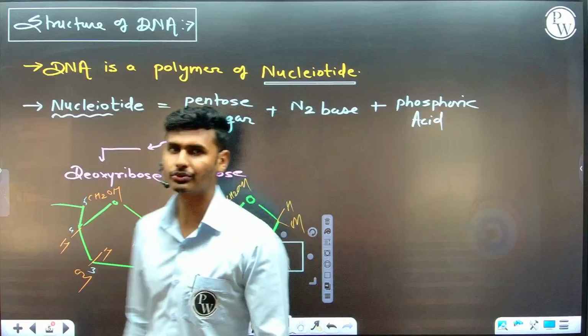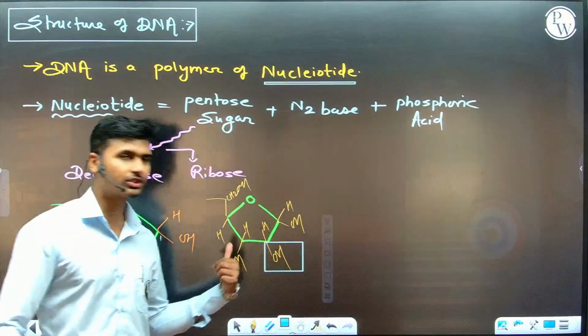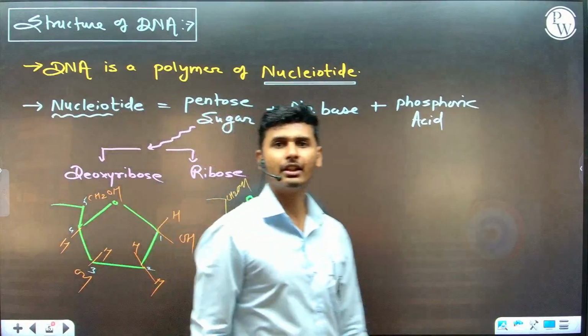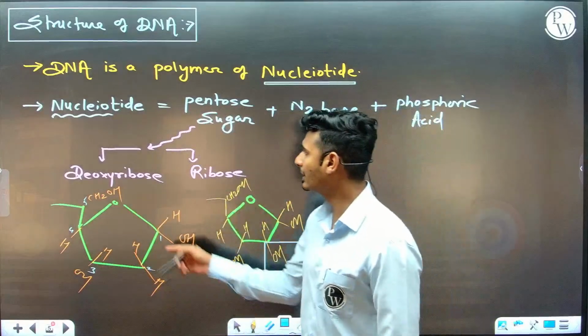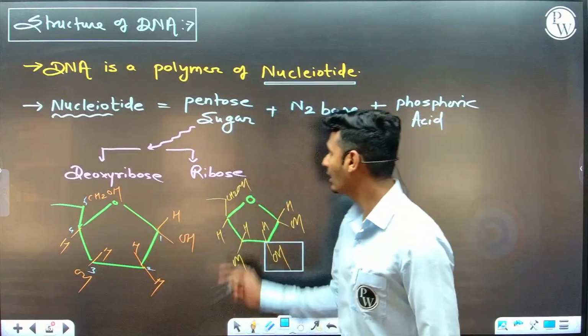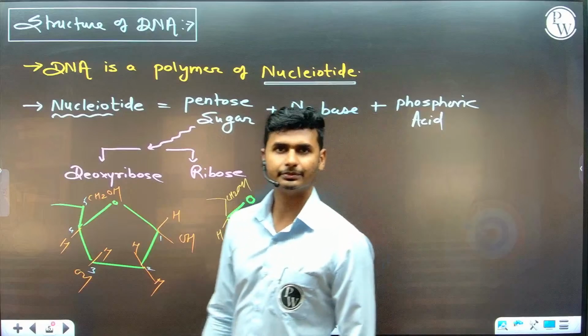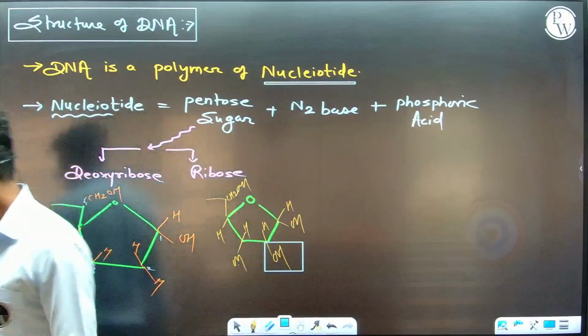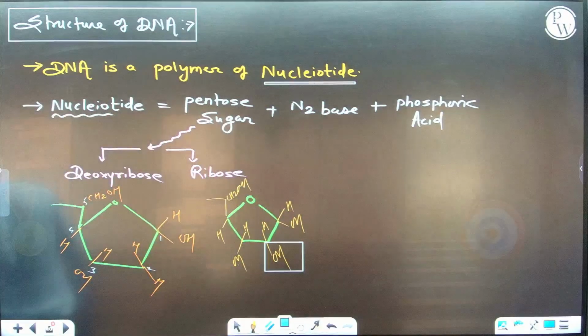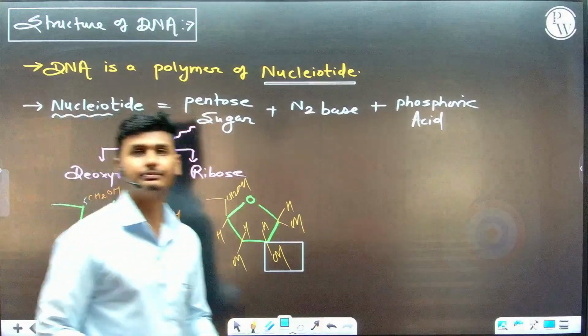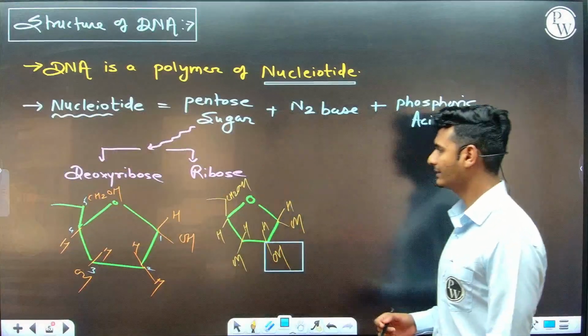present in the ribose. So now, on the basis of the structure, can you tell me which one is stable? Deoxyribose or ribose? Anyone from the class?